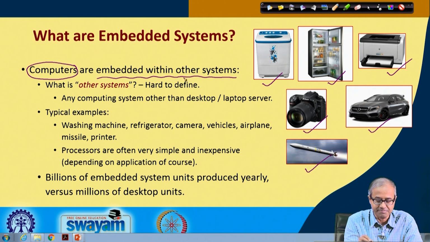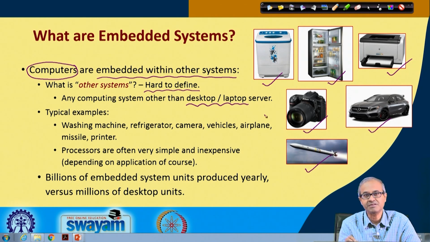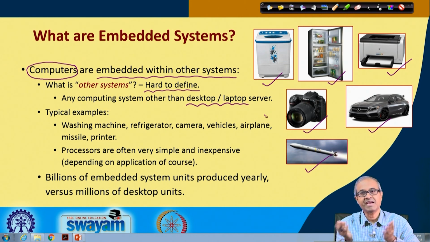Now, these other systems in which computers are embedded, as I said, can refer to anything. It is very hard to define in a specific way, but broadly speaking, these other systems are any computing systems which are not our conventional computers: desktops, laptops, servers, etc. Any computing system which is not one of these, sitting somewhere and working with the environment, can be classified as an embedded system.